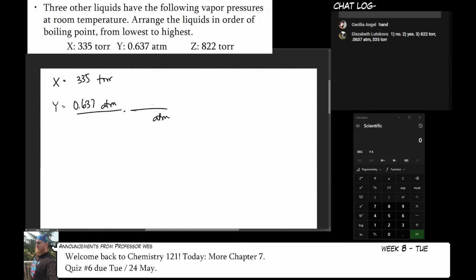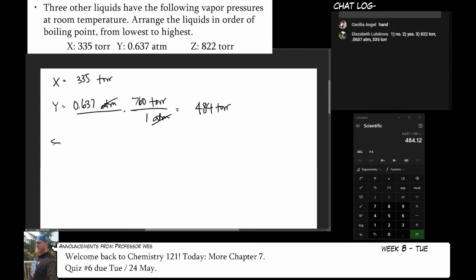We can do that by doing this. There are 760 torr in 1 atm. So we'll go to our calculator and go 0.637 times 760. And we get 484 torr.